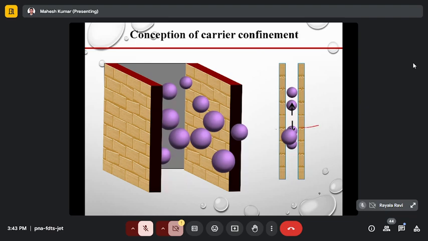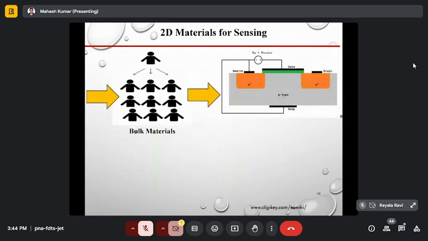On both sides the potential is very high, and when the potential is high, the carriers cannot move in that direction. They can move only along the defined path, so the mobility is very high. So with 2D materials, we can make a fast sensor as compared to bulk materials.